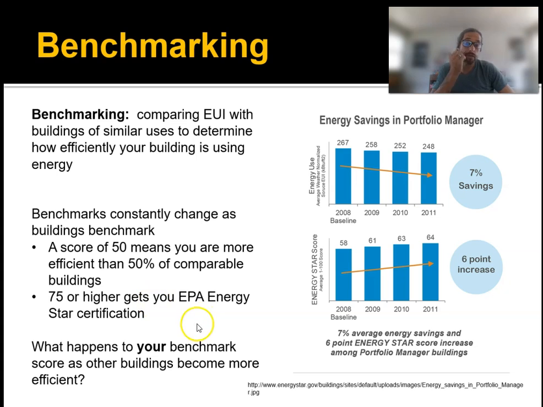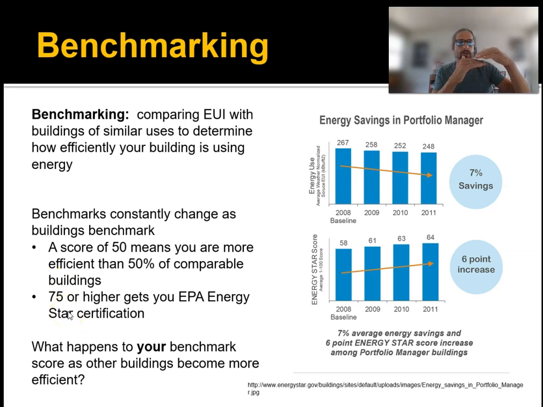So one of the beauties of Portfolio Manager is, again, it's sort of open source: everybody enters their data in, and as more people enter building data, the benchmarks change over time, right? So let's say I enter all my utility information and I get a 75.